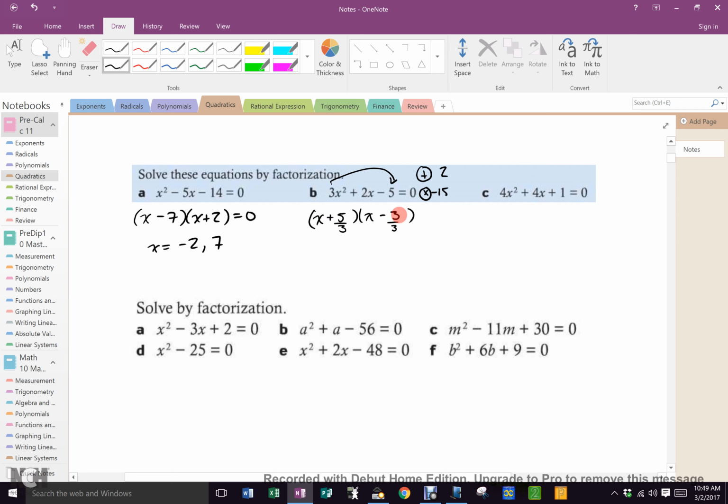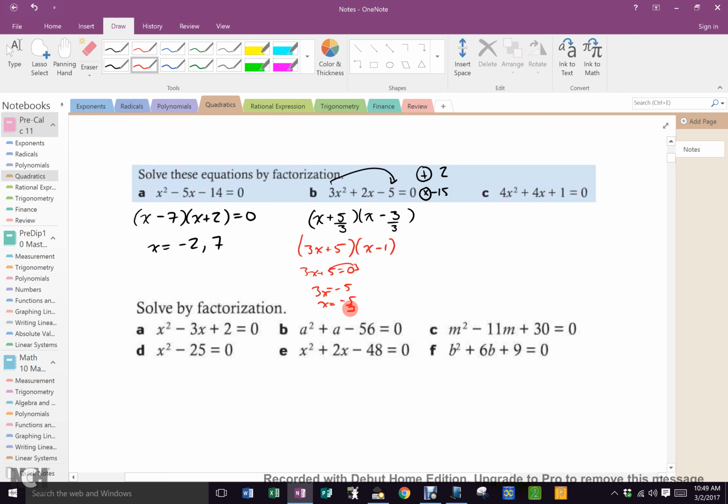Don't write this down. Just look up here for a minute. If I finish this factoring the way I do it, I would get 3x plus 5 and x minus 1, wouldn't I? And then I would have to do this thing, where 3x plus 5 equals 0. Okay, so that comes over there, minus 5. 3x equals minus 5. x equals negative 5/3, yes?